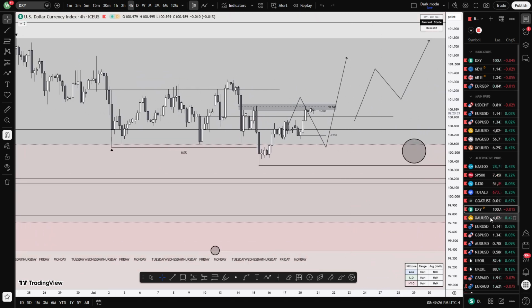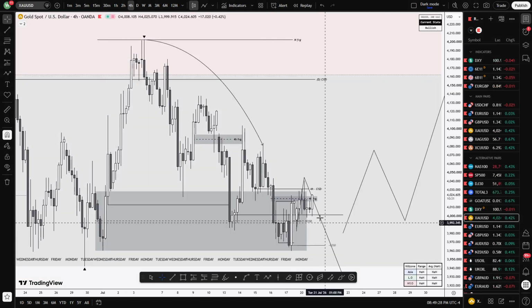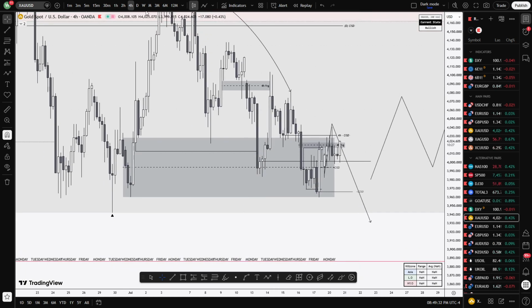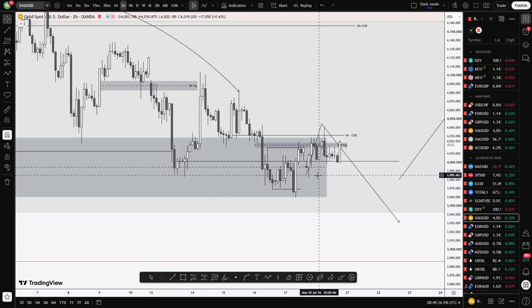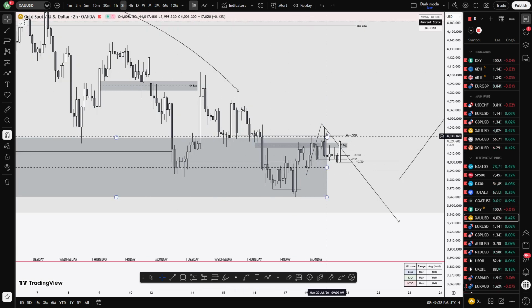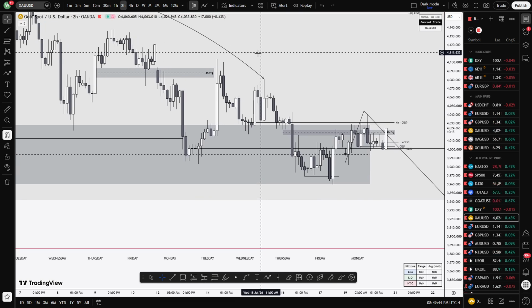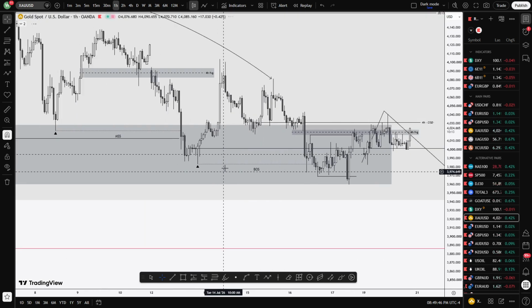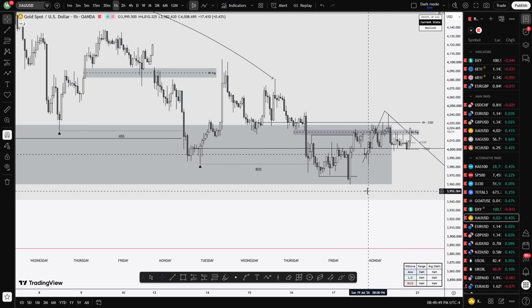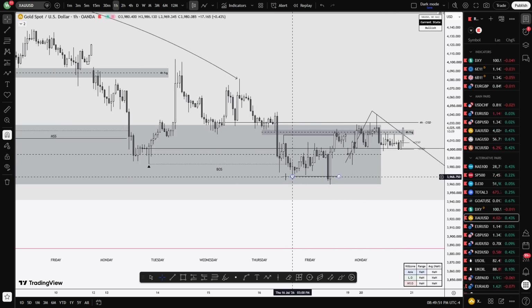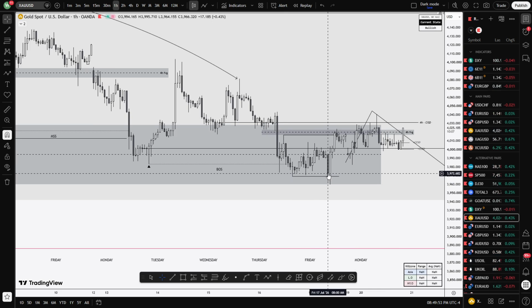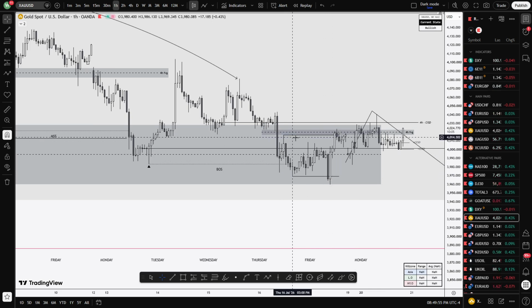For gold, I noticed I skipped gold, right? I was going through the video and I noticed I had skipped gold, right? Gold consolidated the whole of yesterday, right? We're just chopping and changing like that, right? But ideally, I wanted to see price trade back down. Remember, we had that sweep the previous week and then price broke to the top, right?